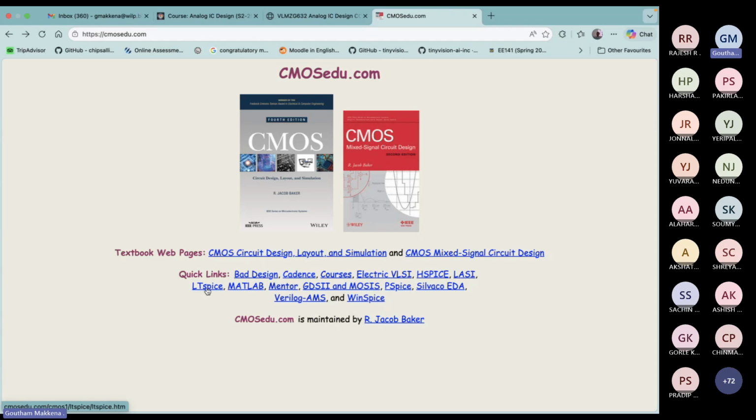If you go and simulate it, you can try and understand the concept better. It is like an aid to the textbook. It won't replace the textbook, but as you read through the textbook, these LT Spice simulation files will give you much better understanding. So this is one source that I can say.